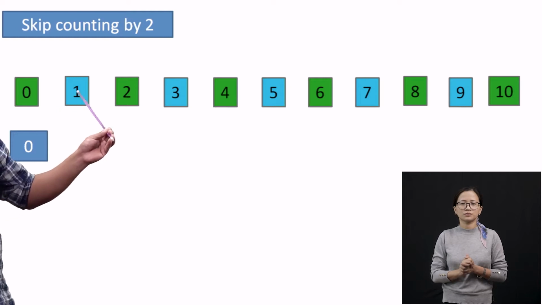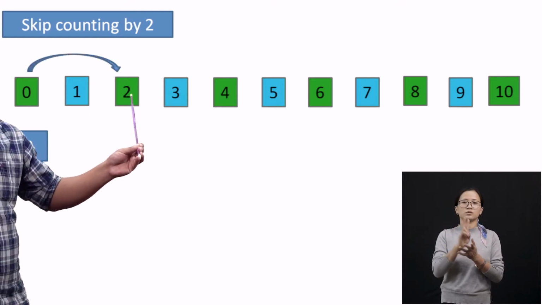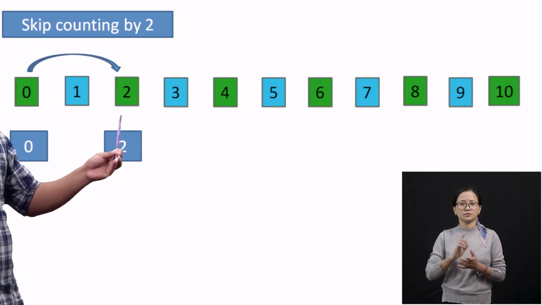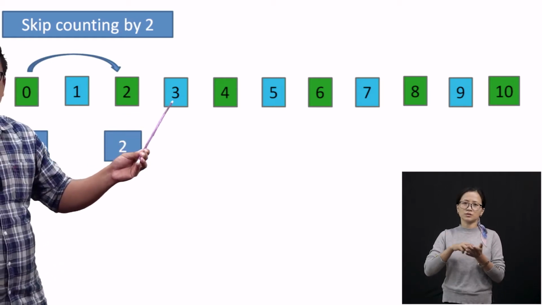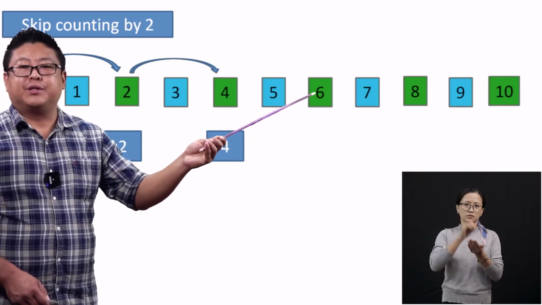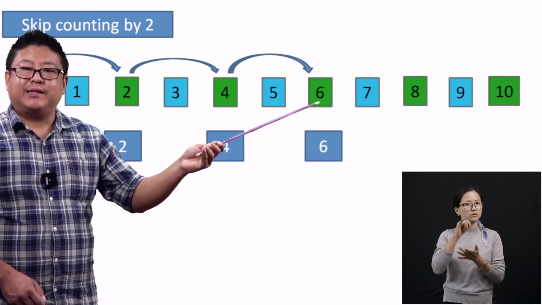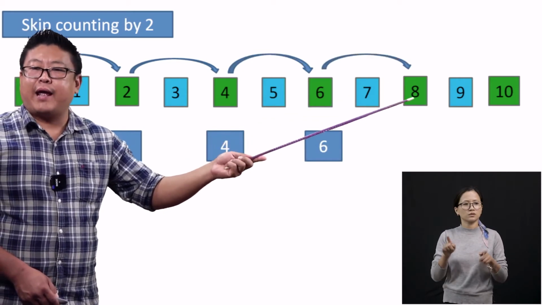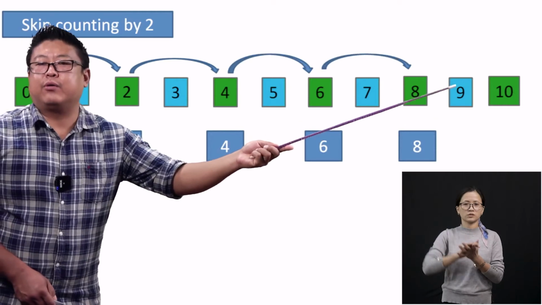We skip the number 1 and we go to 2. Now this 2, we will write it down here. Next, from 2, we will skip number 3 and go to 4. Skip number 5 and go to 6. From 6, skip number 7, go to 8. Similarly, from 8, skip number 9 and go to 10.